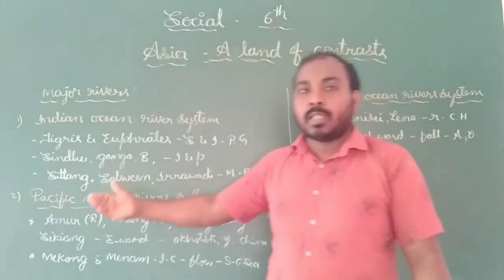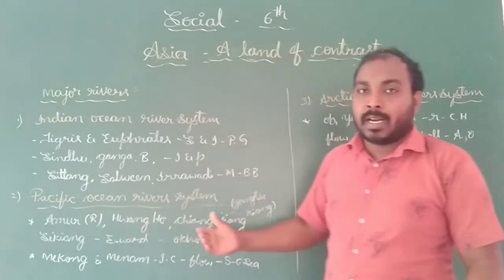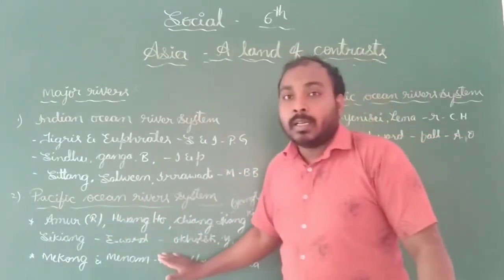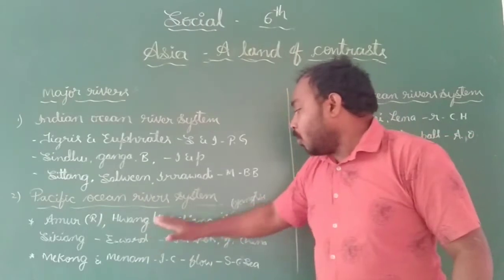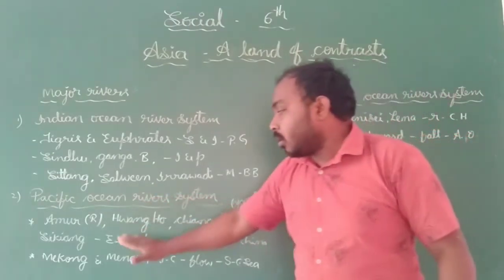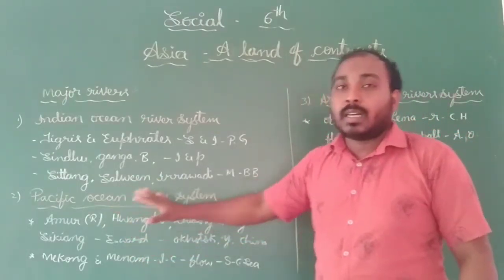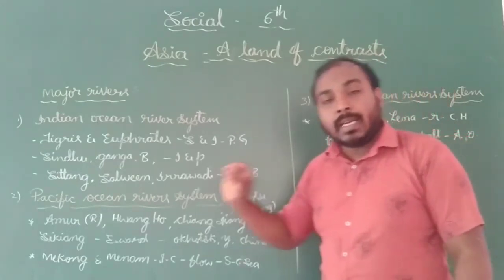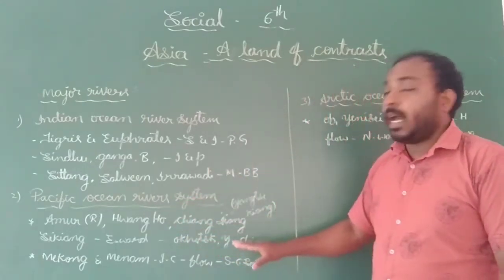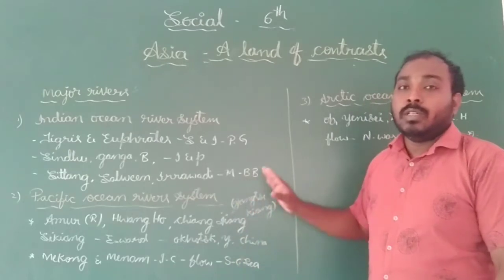When we learned about the seas, we saw their importance. The Hwang Ho, Chang Jiang, Sikiang and Amur finally reach the Okhotsk Sea, as well as the Yellow Sea and the China Sea.